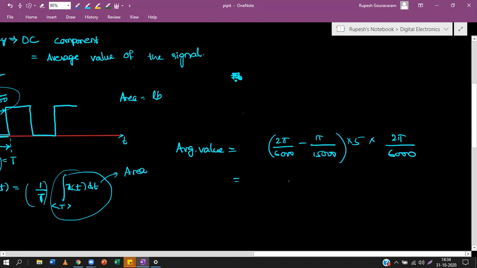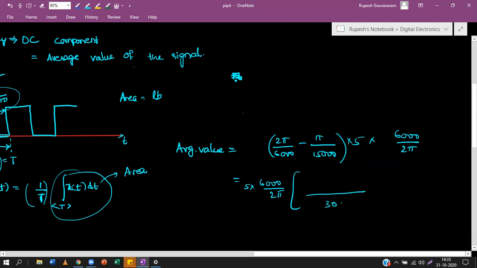If you simplify this, what will you get? Sorry, 1 by T is 6000 by 2 pi, right? So this will be 6000 by 2 pi into, if you take 5 also common, 5 outside, it will be 6 and 15. 6 and 15, the least LCM will be 30.